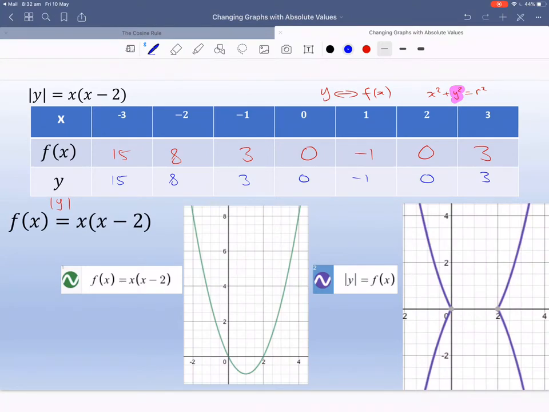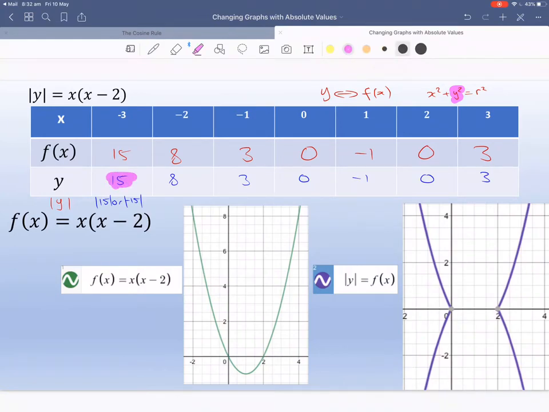Now, the thing is, the absolute value of y means that we can have both 15 or -15. The reason for that is that whether we get the absolute value of 15 or the absolute value of -15, we're going to get the same answer.